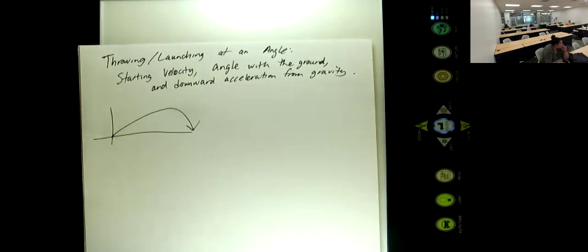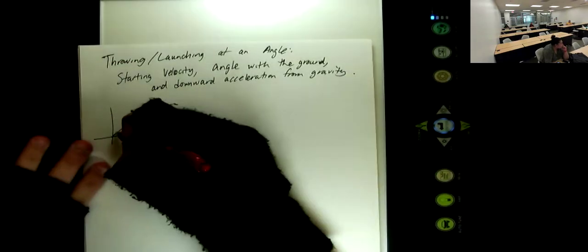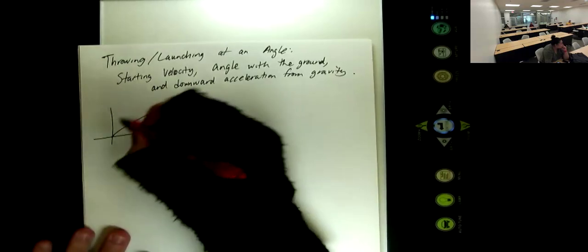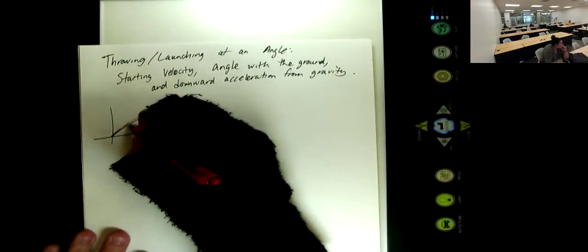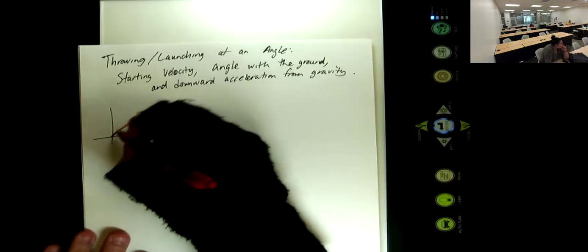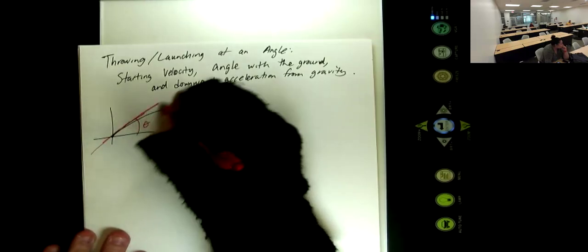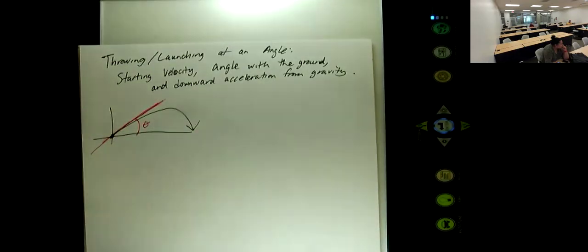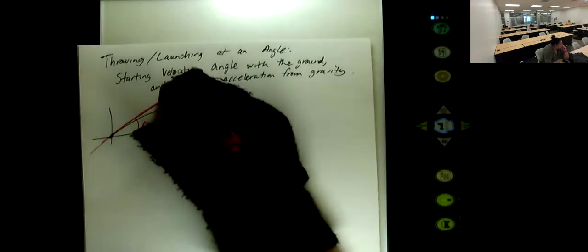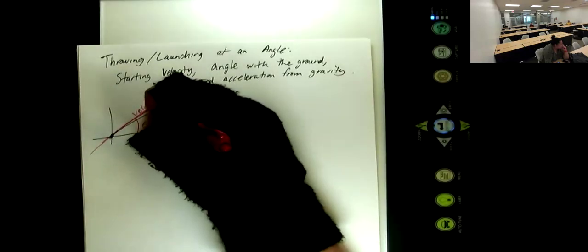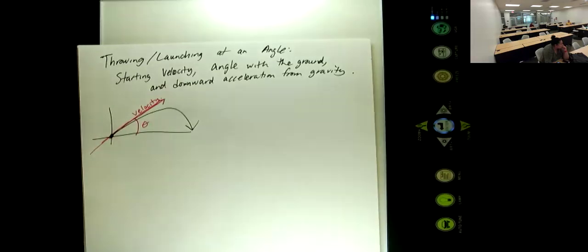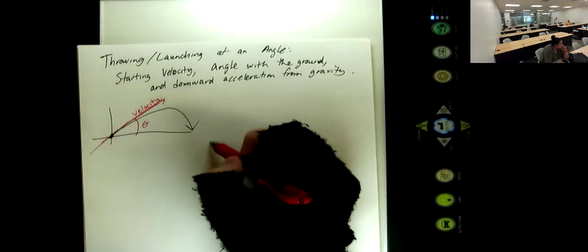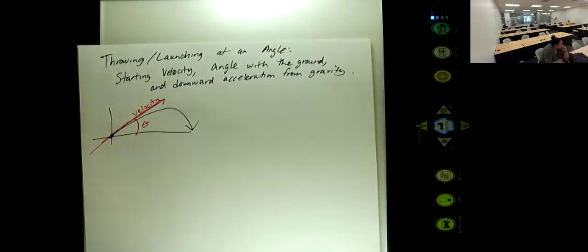And what we're really looking at is that starting angle. If I made a tangent line from the start, the starting angle is theta. When you release the ball, that's the direction the velocity's going. And the ball comes back down because of gravity, and there's no more force behind it.